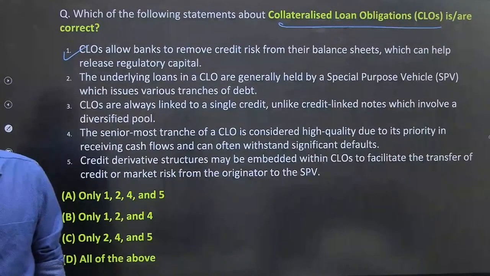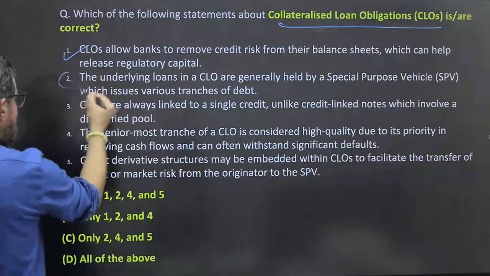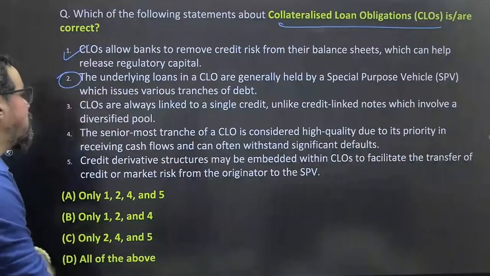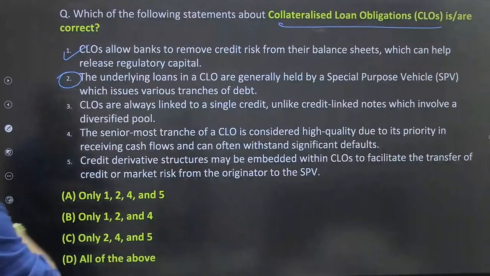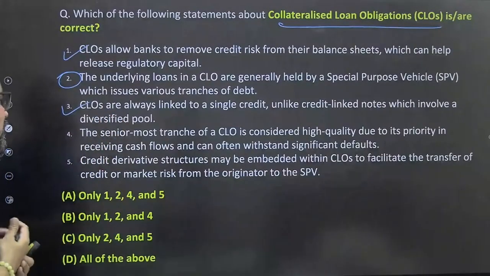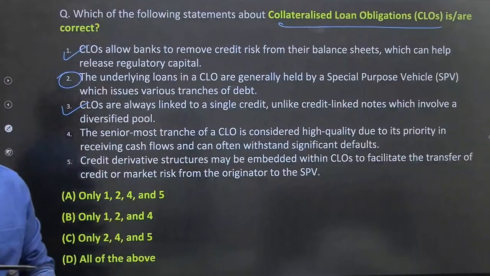We'll reconsider this statement after with the options. CLOs are always linked to a single credit, unlike credit linked notes which involve a diversified pool. This statement is true. The senior most tranche of CLO is considered high quality due to its priority in receiving cash flow and can often withstand significant defaults.